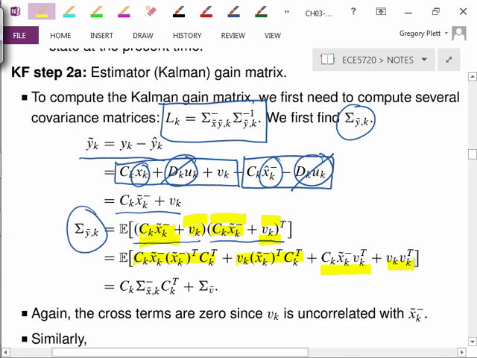And we use the linearity properties, and we use the uncorrelated properties of the process noise being uncorrelated with the state, and we get this equation here, which is the same basic form as what we saw in step 1b when we were computing the autocovariance of the prediction error.